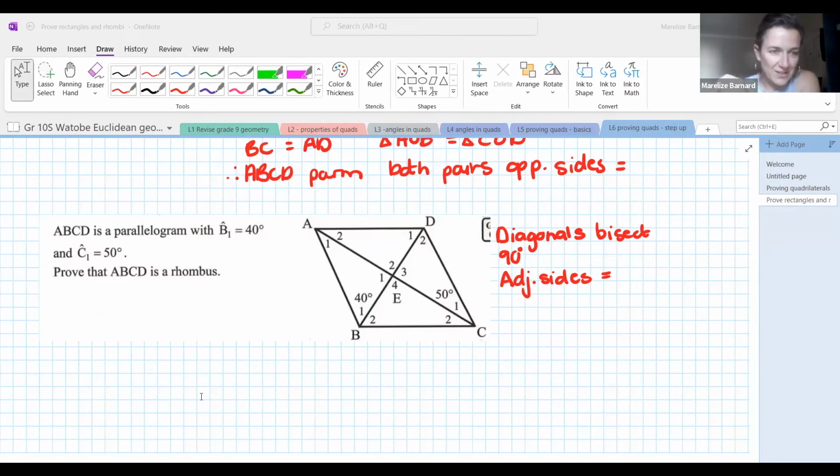Amika's also done a whole proof here. Wouldn't be angle, angle, angle because the diagonals bisected 90. Guys, we do not know that this is a rhombus. We have to prove that it's a rhombus. So if we're proving that it's a rhombus, we can't use its properties. No problem, Monty.